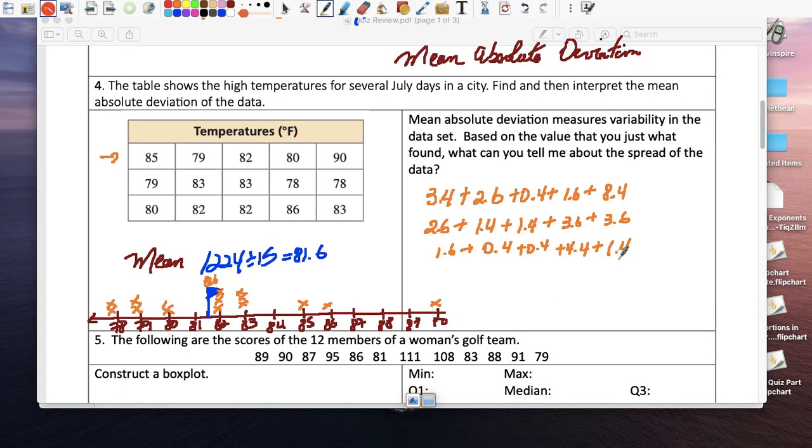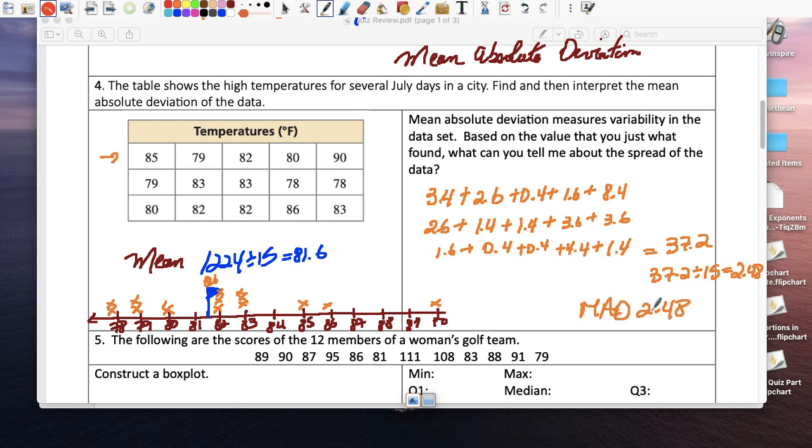Enter. So all this equals 37.2. And we're going to divide that by 15. And we get 2.48. That's not bad, right? So the MAD is 2.48.